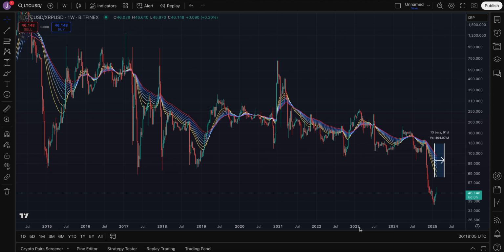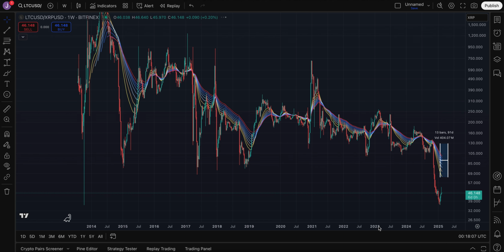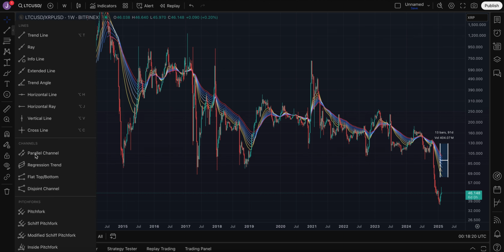Also, you can go pretty far back, all the way to 2013, because Litecoin is a really old asset. It was one of the first cryptos, like altcoins, that was based practically on Bitcoin.